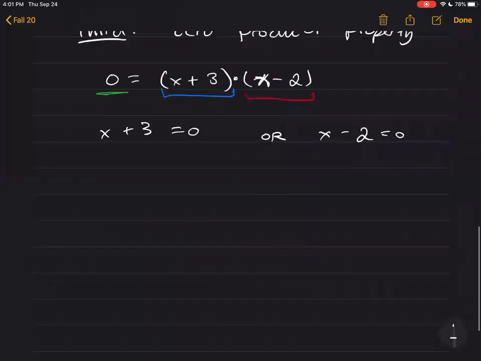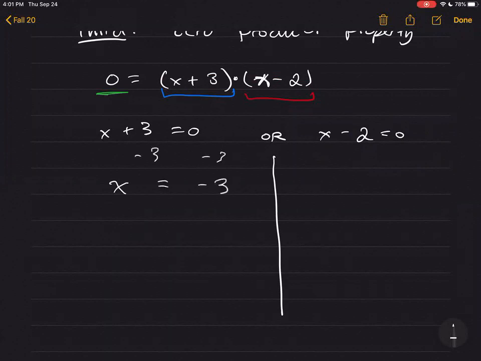And so we're going to explore each case. If x plus 3 equals 0, then if we subtract 3 from both sides, x equals negative 3. And if x minus 2 equals 0, we can add 2 to both sides, and we get x equals 2.